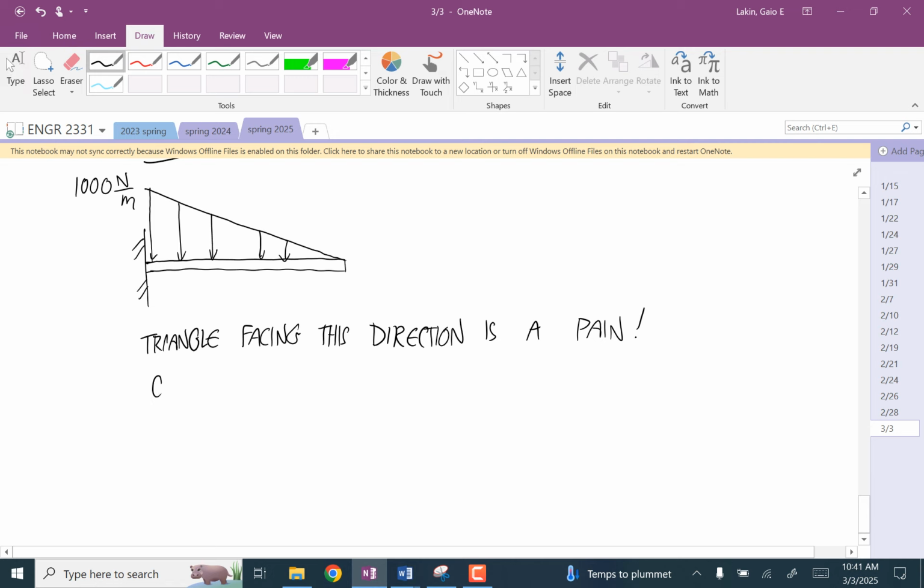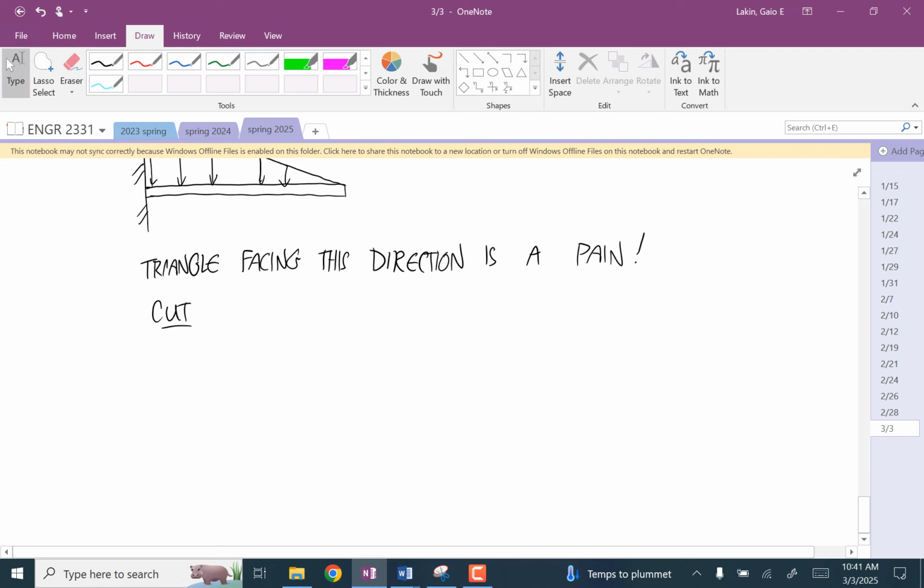Because when you do your cut, it won't be a smaller triangle anymore. It'll be a trapezoid. You know, because that's the piece that we're cutting off.